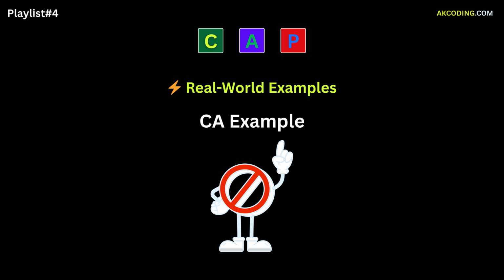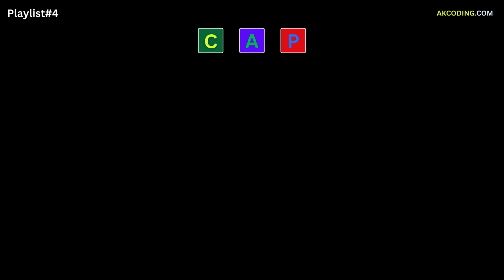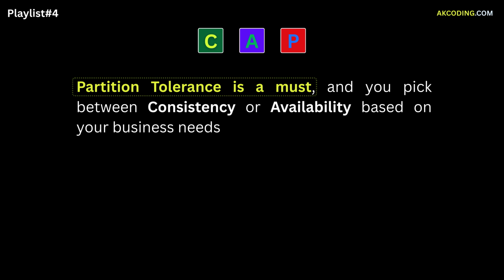That's why different databases are designed differently depending on the use cases. So, CAP theorem is not just theory, it's a guide to designing distributed systems. Always remember, partition tolerance is a must in your system design, and you pick between consistency or availability based on your business needs. That's it.